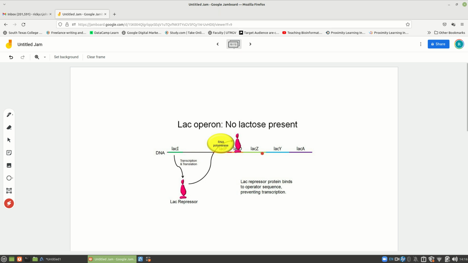And this is actually very efficient. Basically, when you have 3 genes that need to be activated at the same time, they operate together, they never operate independently, then why regulate them individually when you could regulate them all together? And so the bacteria is much simpler, and it doesn't need as much regulation because it doesn't have all these different cell types, so it can get away with something like this.